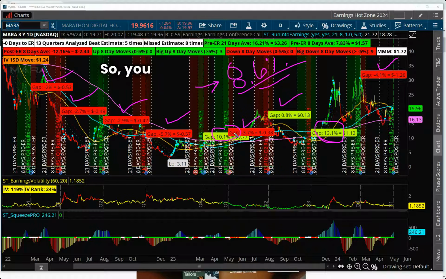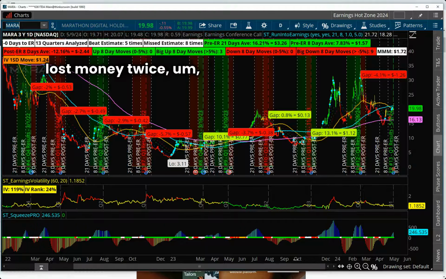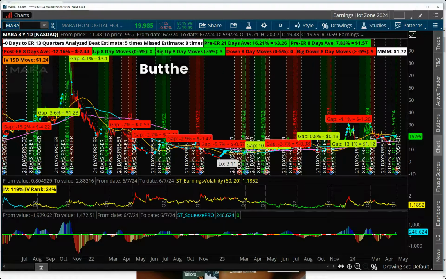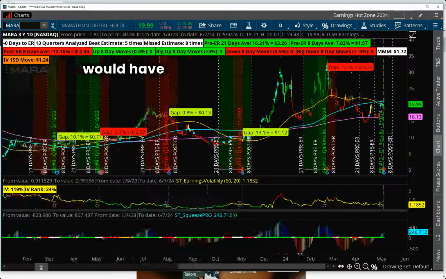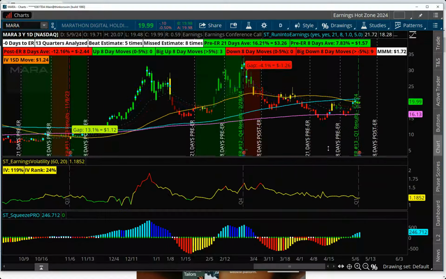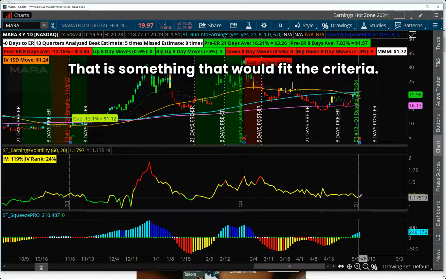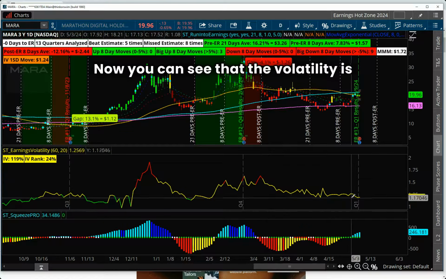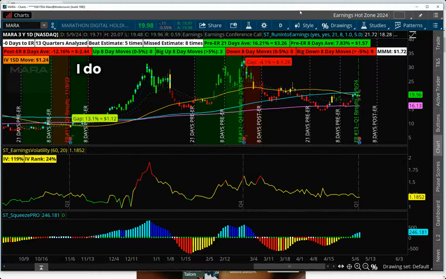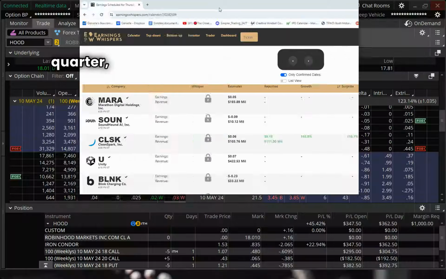So, if you look at the last 8 quarters, I would have lost money twice with a defined risk strategy, but the rest of the time I would have had a volatility crush trade. That is something that would fit the criteria. Now, you can see that the volatility is not at the peak of the quarter. I do usually like to see it at the peak of the quarter.